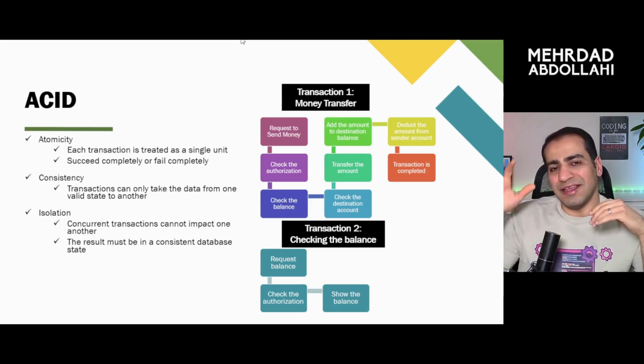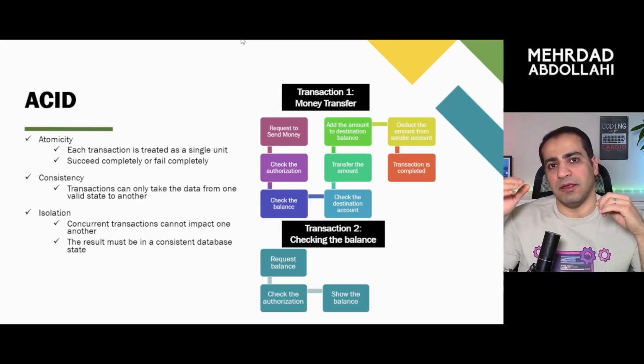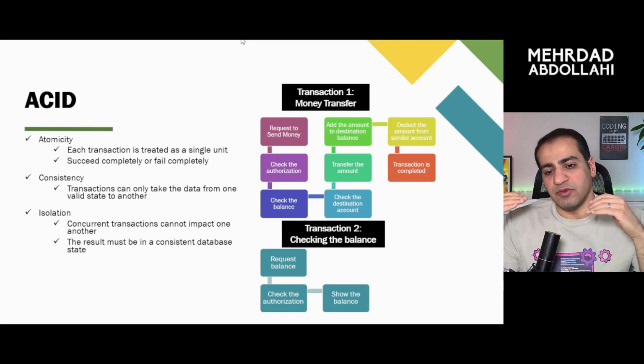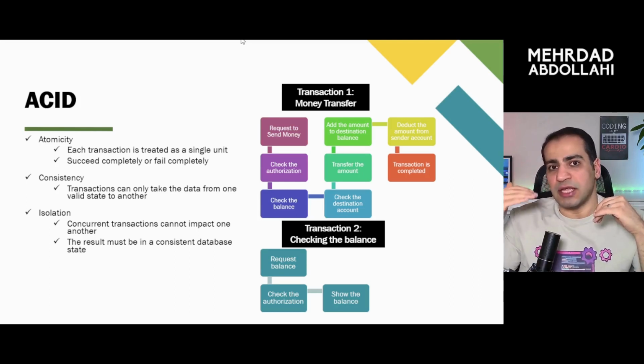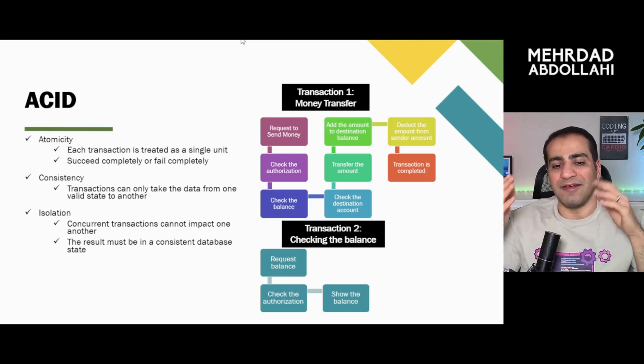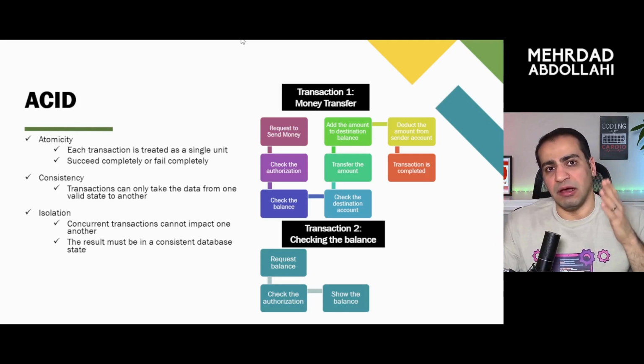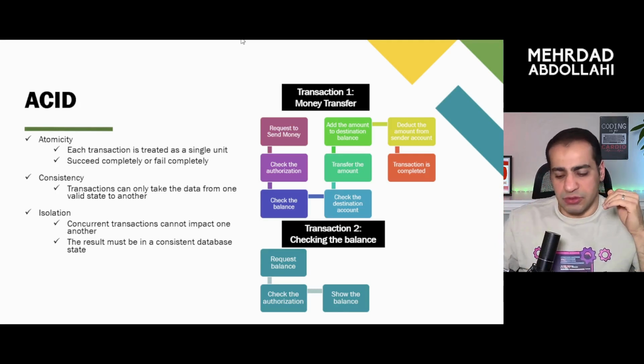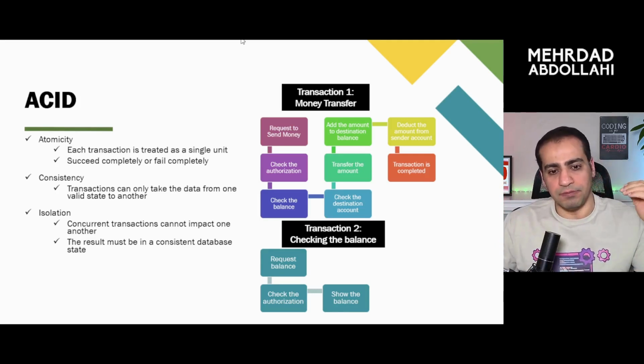So when a money transfer is running, the next transaction, which is checking the balance, should wait until the first transaction is finished, to have valid and consistent data. The result of each transaction must be a consistent database state.